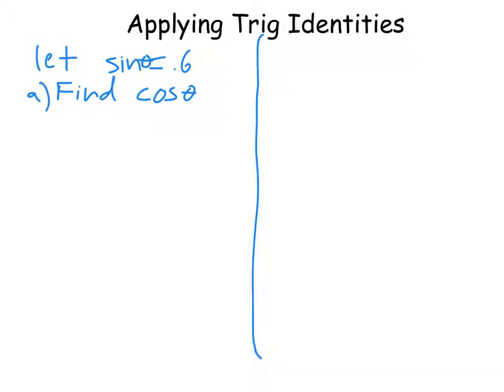Okay. Now you could certainly draw a diagram if you wanted, right? But the identities represent really more of an algebra approach to take. If you wanted to do it that way, I could say with my identities that the cosine value squared plus the sine value squared has to equal 1.